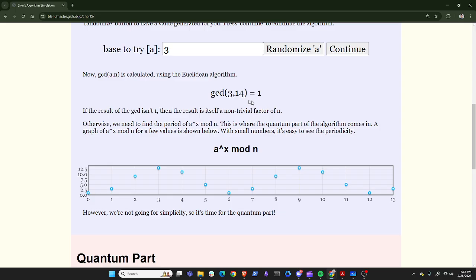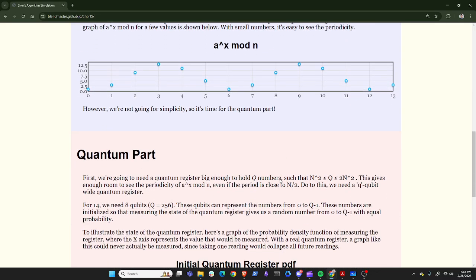So it goes through, it looks at the greatest common denominator, it finds it's 1, so it moves on. It finds the period here, which is equal to 6.